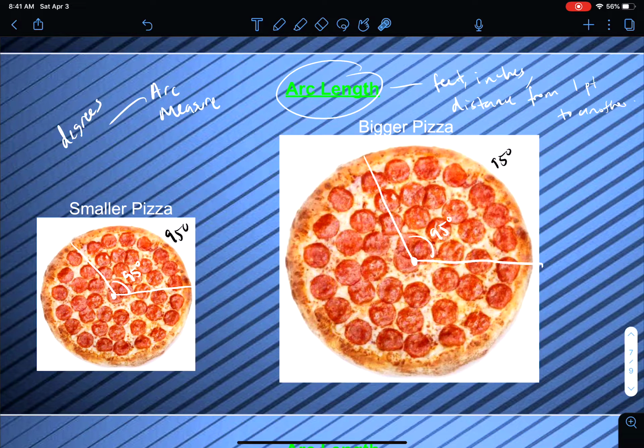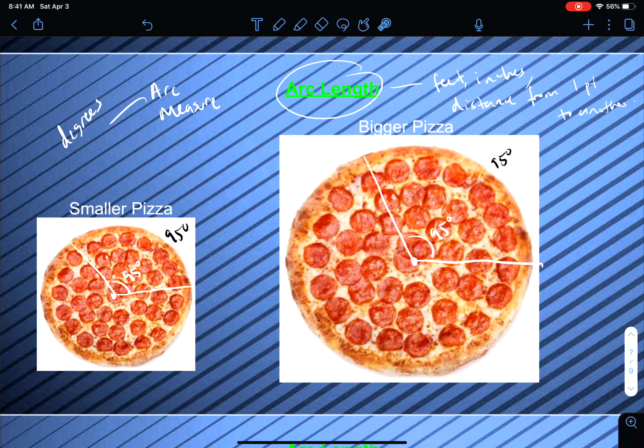I don't know how long the bigger pizza's crust is. It's something in units, but it's not in degrees. If you hold up one small pizza and one big pizza, of course this crust is smaller than this crust. Okay, and that's why I'm making a point about arc length.